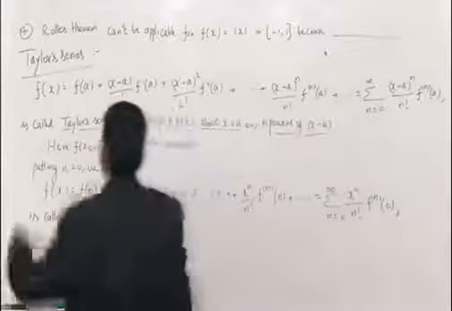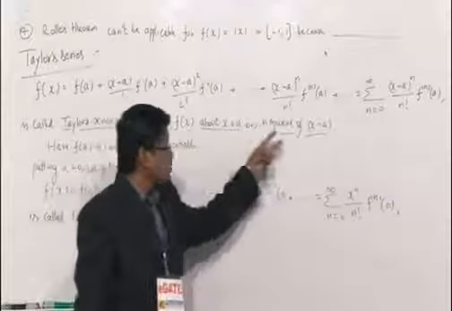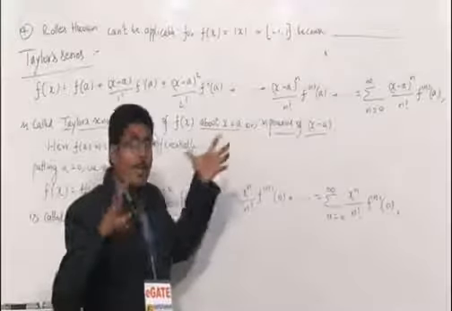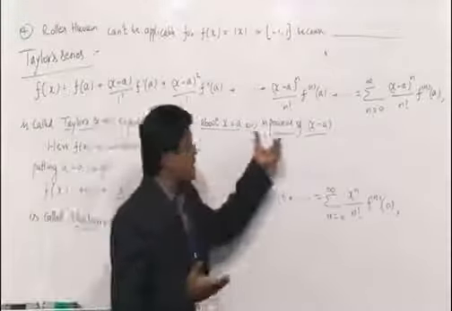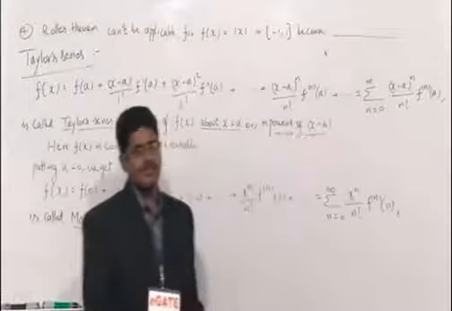Next, the Taylor series expansion of the given function f(x) comes in two types, about x is equal to a. The Taylor series about x is equal to a is also pronounced as in powers of x minus a.